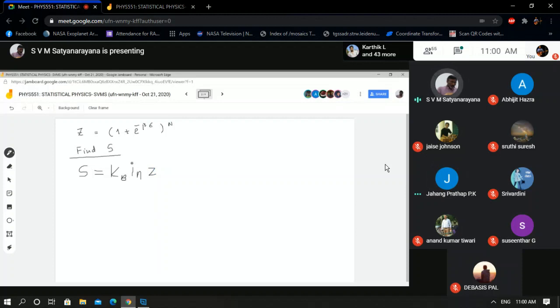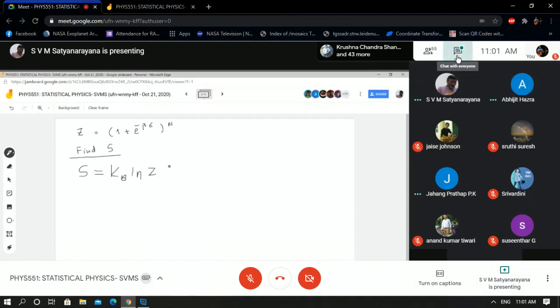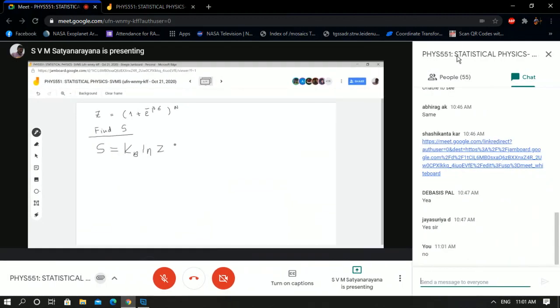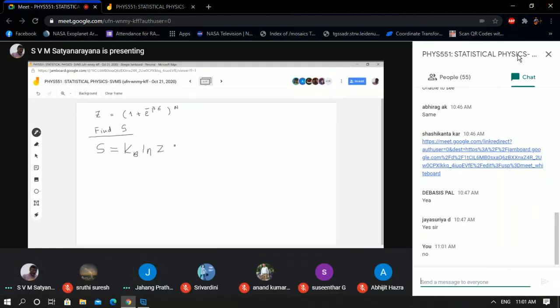So you are going to use this formula to find entropy, but is this formula correct? I guess, yes. Does anyone have any objection to this formula?